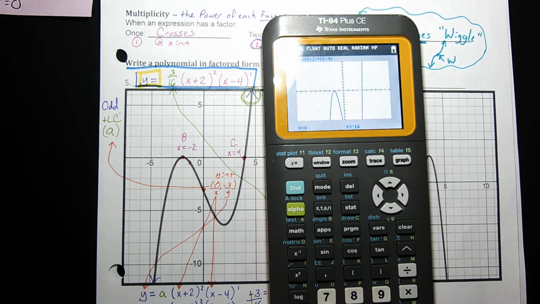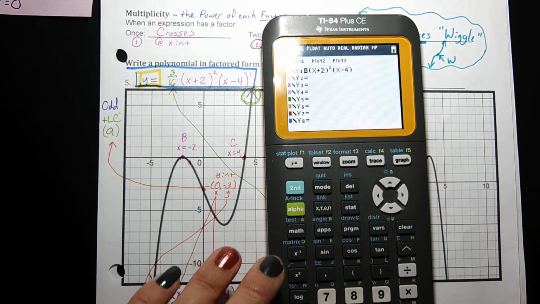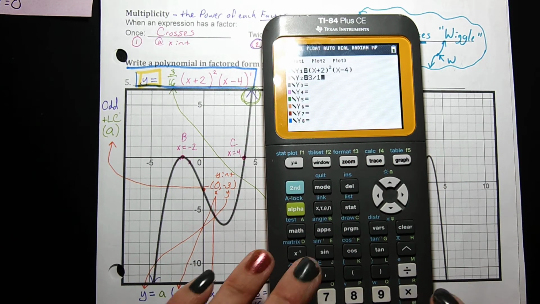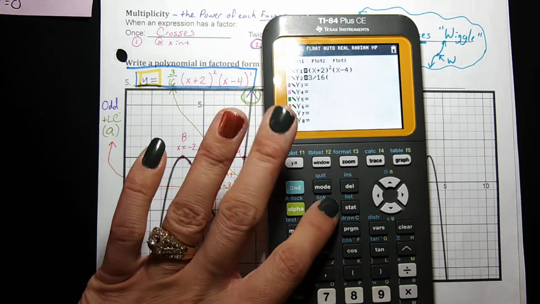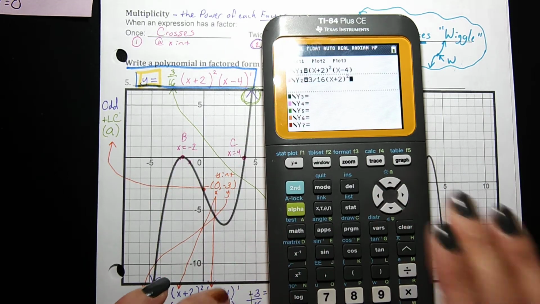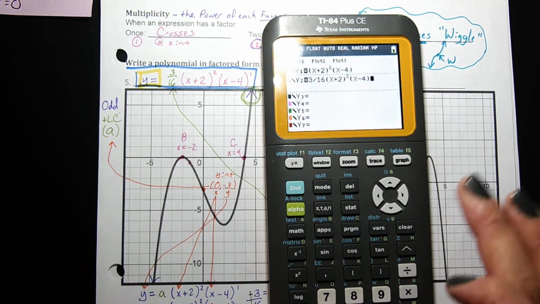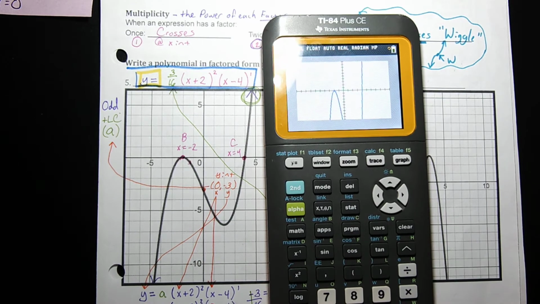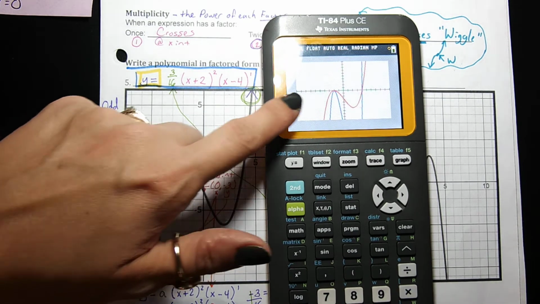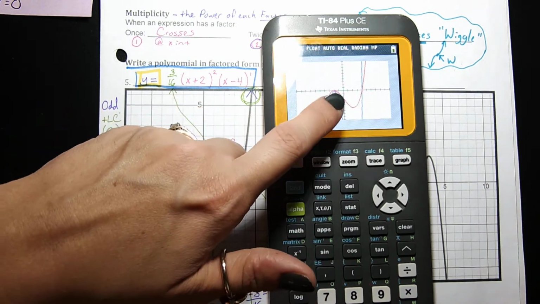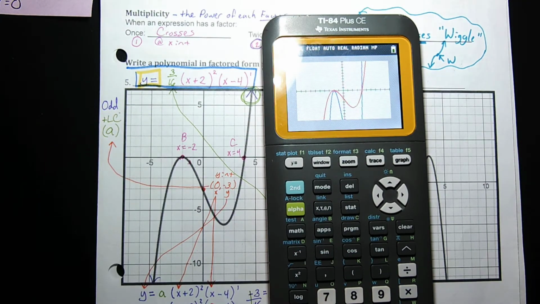So we do have to solve for the a value because that gets us the exact graph. So I'm going to throw that out in front, and you can see how they're different. It's got the same x-intercepts. I'm bouncing, I'm crossing, but this red line is hitting the y-intercept exactly.